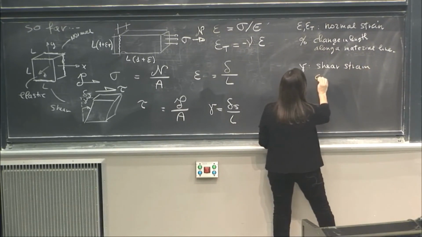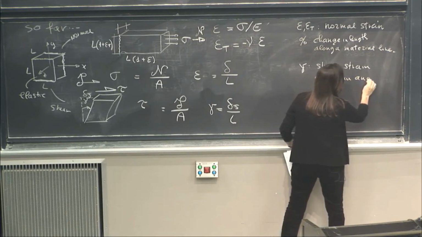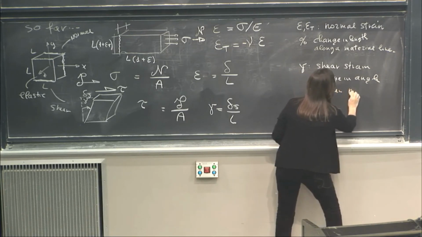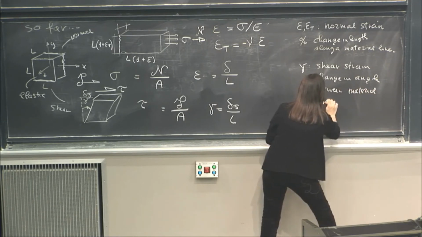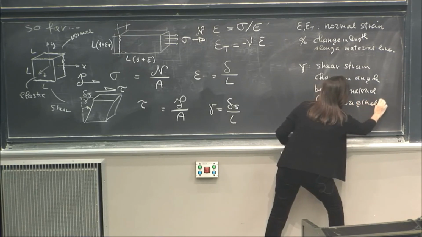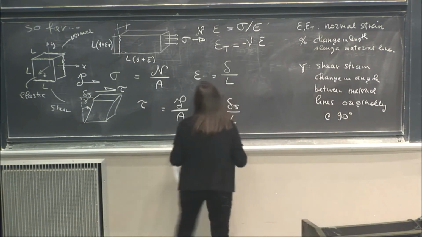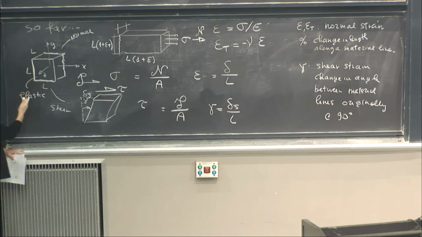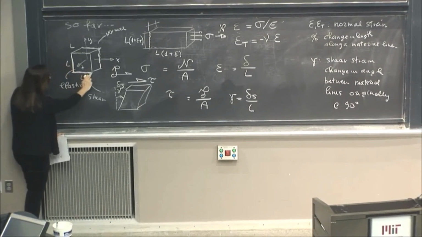And in terms of what gamma measures, so gamma, the shear strain, measures the change in angle between material lines that were originally at 90 degrees. So if I consider this line here, that's a material line that goes along with the y direction, actually, and this line here, L, it's another material line.